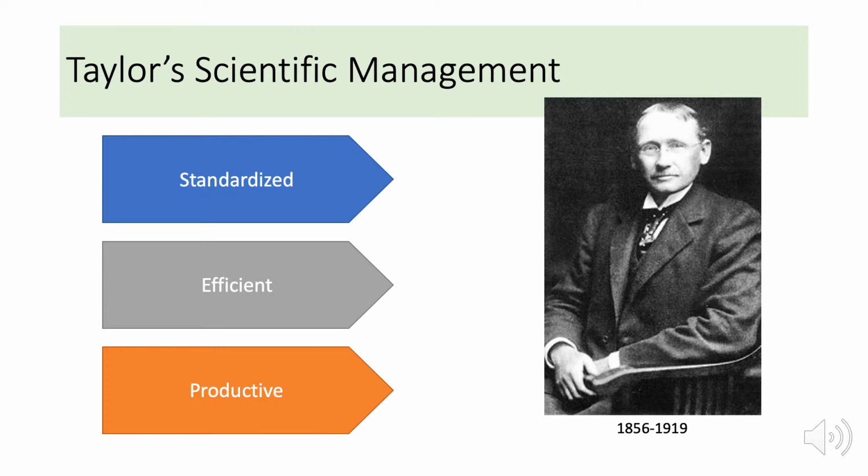In his scientific management, he understood that making organizations more standard, efficient, and productive would be beneficial for that organization. Scientific management was the term that Mr. Taylor used, which means applying science to work. He did this by analyzing workflows, and the main objective was to improve economic efficiencies, especially in labor productivity.